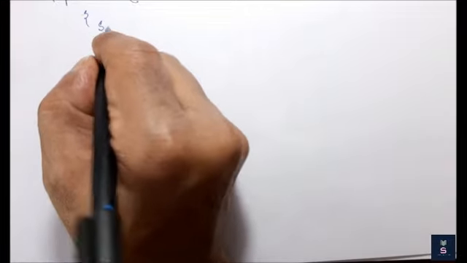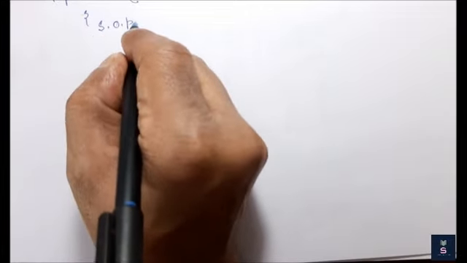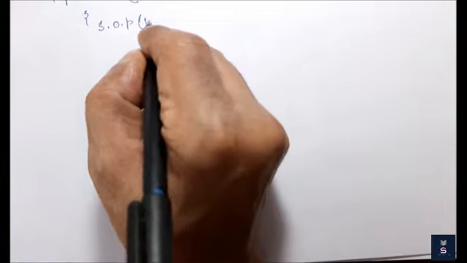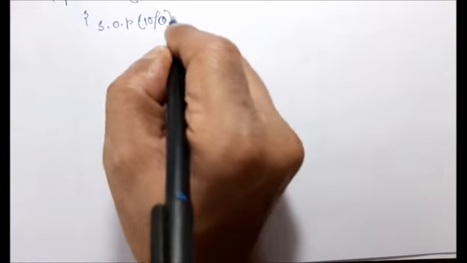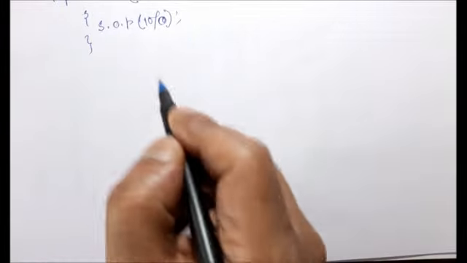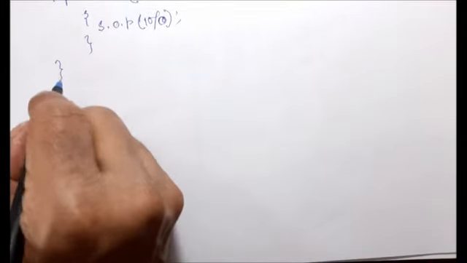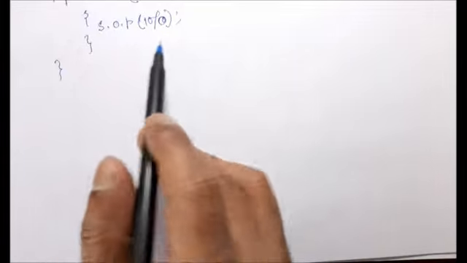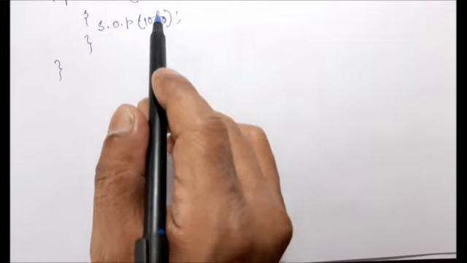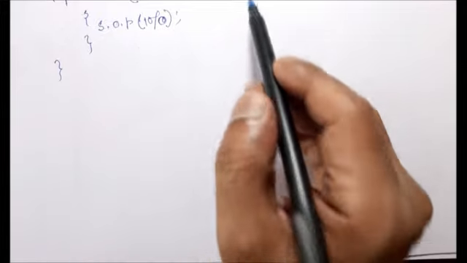Within this method I am just going to print System.out.println 10/0. We can write any number divided by 0. So definitely here the exception will arise, yes or no. Of course we have seen many times that the exception will arise because it is dividing a number by 0.